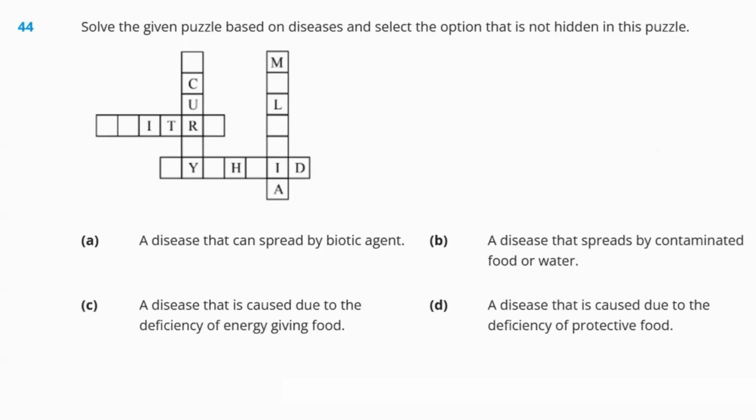Question number 44. 44 says solve the given puzzle based on the disease and select the option that is not hidden here. A disease that can spread by a biotic agent, right?